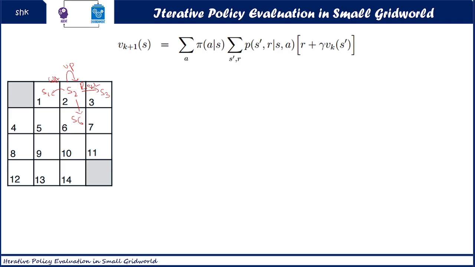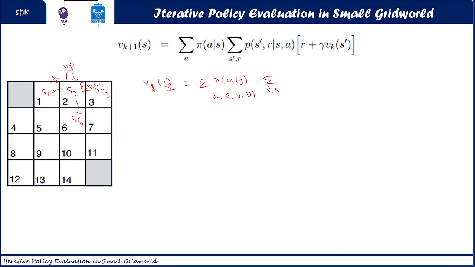Now we will write the value function V1 of S2. This is the first iteration only. So this is V1 for the state S2, which we write as the summation over all the actions. The actions we consider are left, right, up and down.